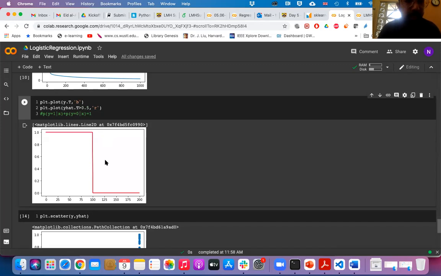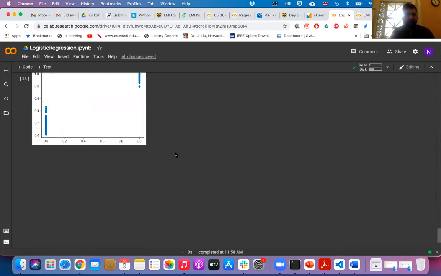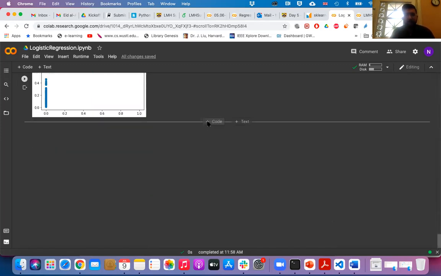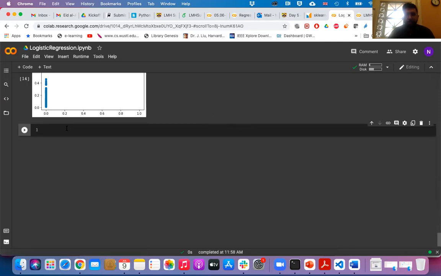Okay, perfect. Let's try to do the same in scikit-learn, because you might not want to code your problem every time, so you can just use sklearn dot models.